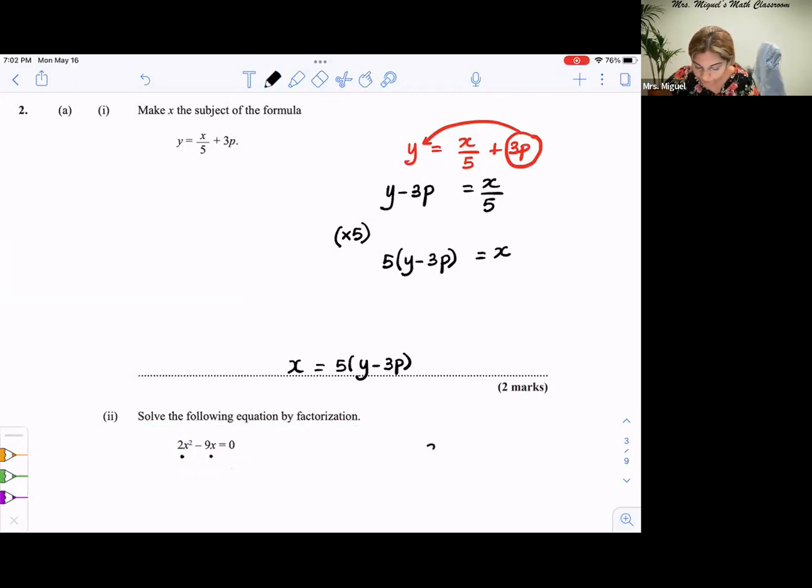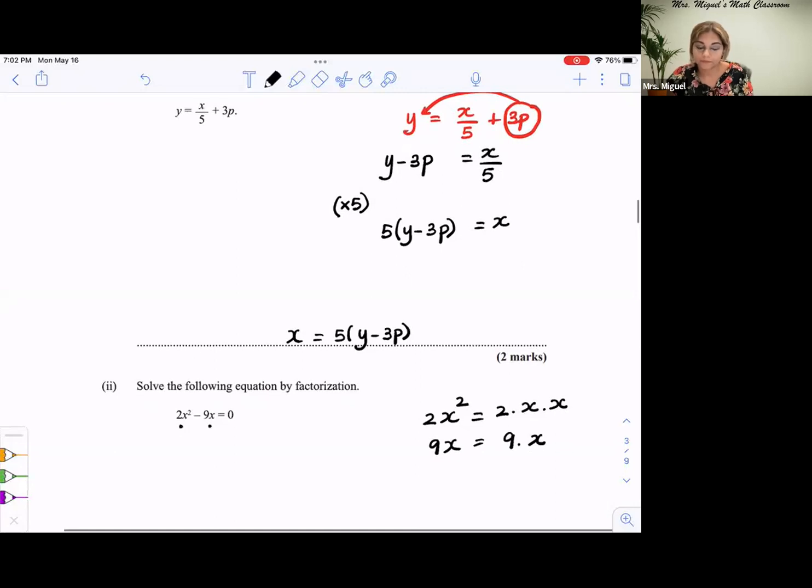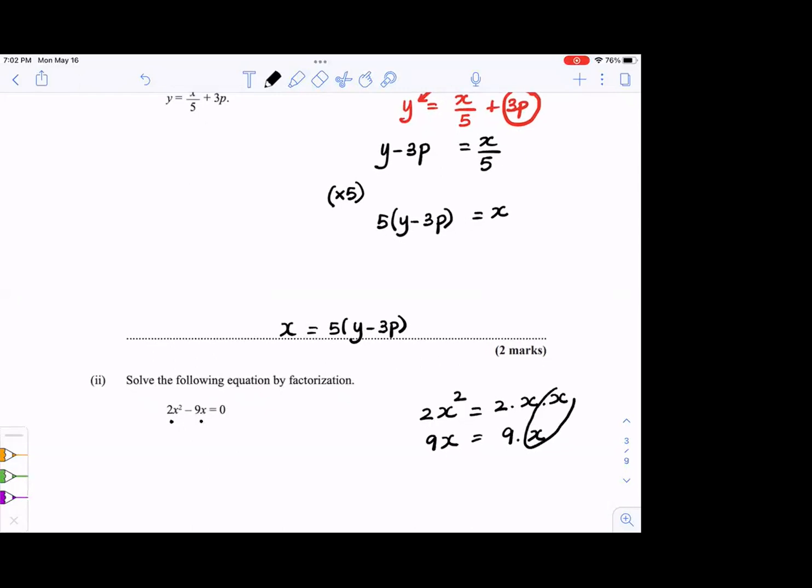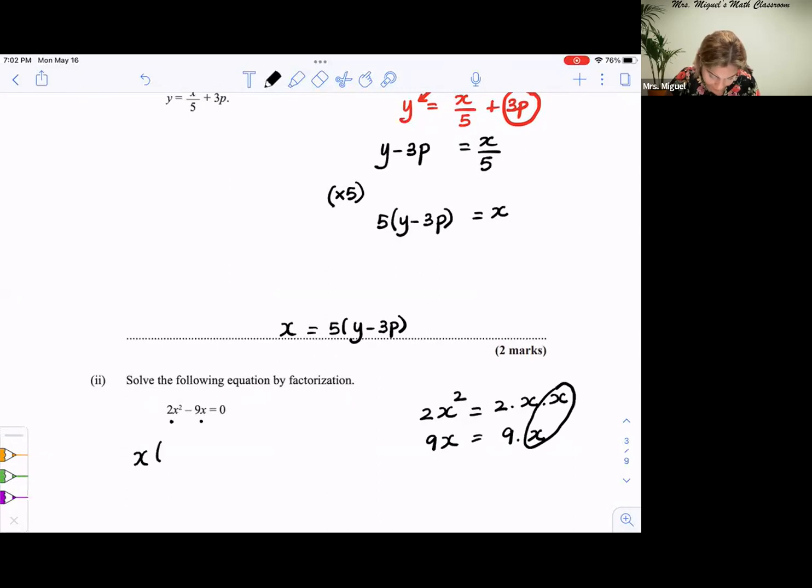So I have 2x squared, which is 2 by x by x. 9x is 9 by x. What is common? What term is common? X. So if I circle the x, I can place it outside.